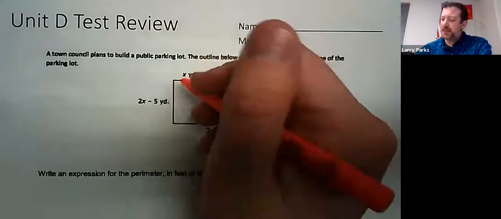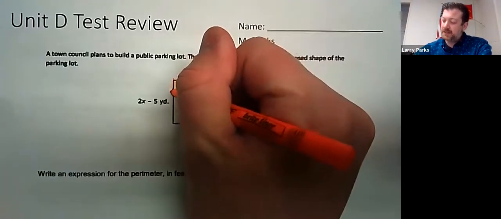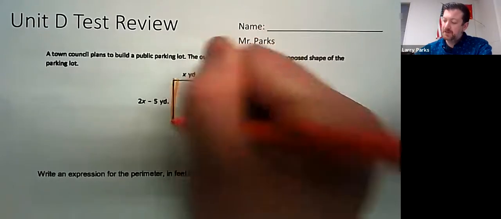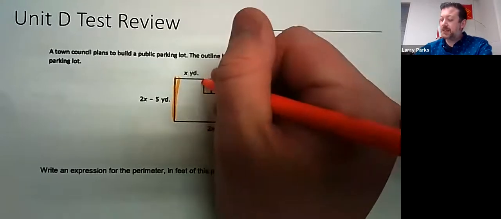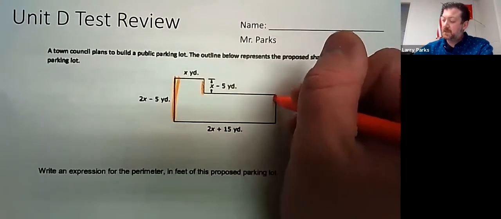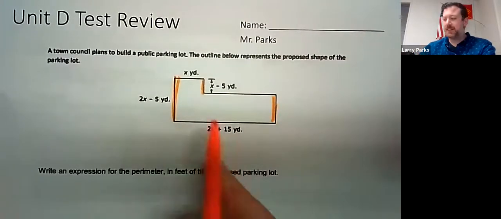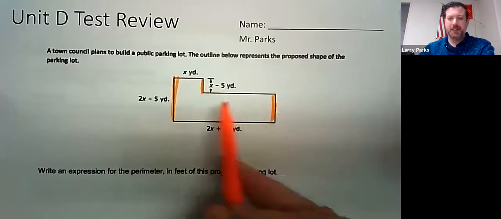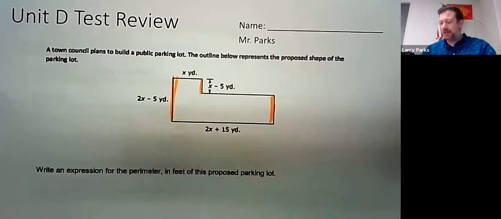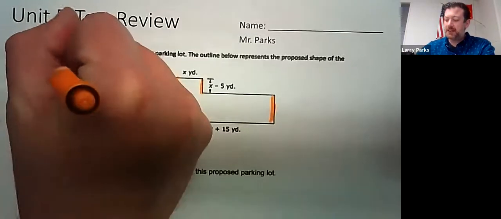Okay, if this is 2x minus 5, then this must also be 2x minus 5. They're the same length. If you take this piece plus this piece, you get this piece. So if I'm doing the perimeter, I need to take 2x minus 5 twice.